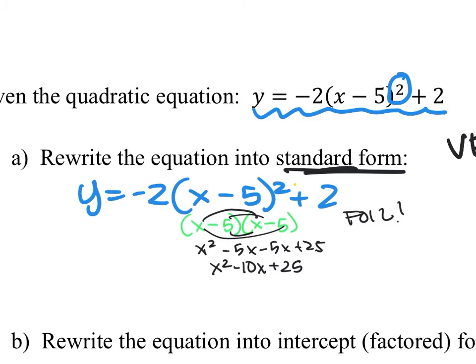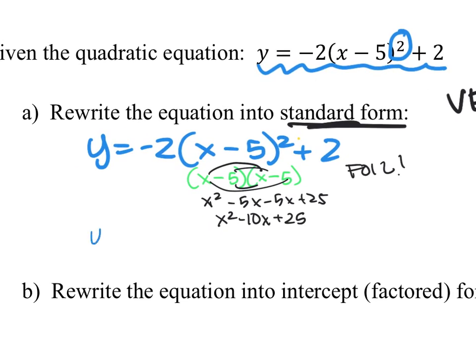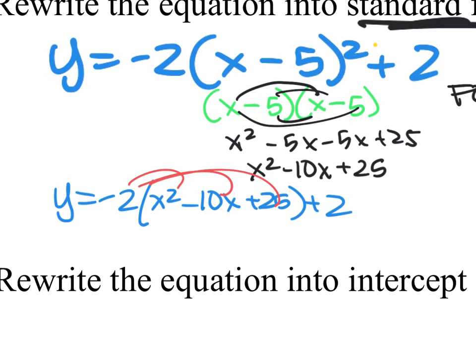Now, we are not finished because we have to put that trinomial into the problem in order to convert this to standard form. The next thing we need to do, distribute. What do we end up with? We have y is equal to negative 2x squared plus 20x minus 50 plus 2.